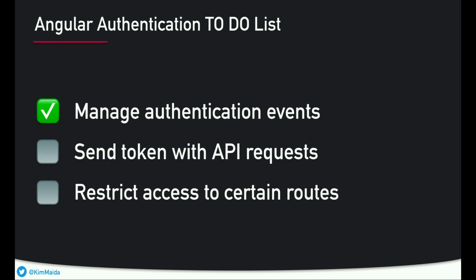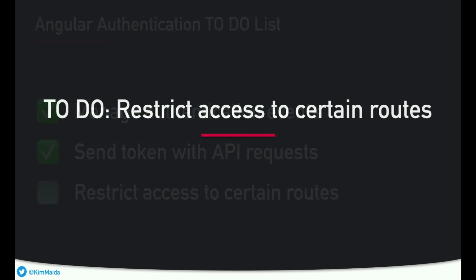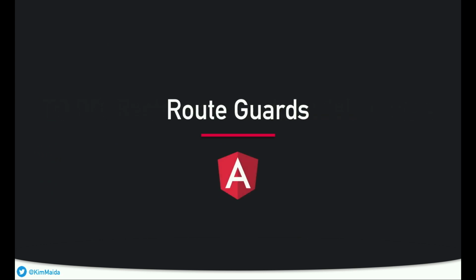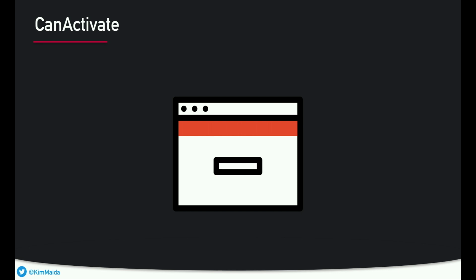So going back to our to-do list, we now found out how we can use interceptors to send the token with API requests. The last thing that we need to be able to do is restrict access to certain routes. We do this with route guards, and route guards actually implement 3 different interfaces. The most common, most well-known one is CanActivate.